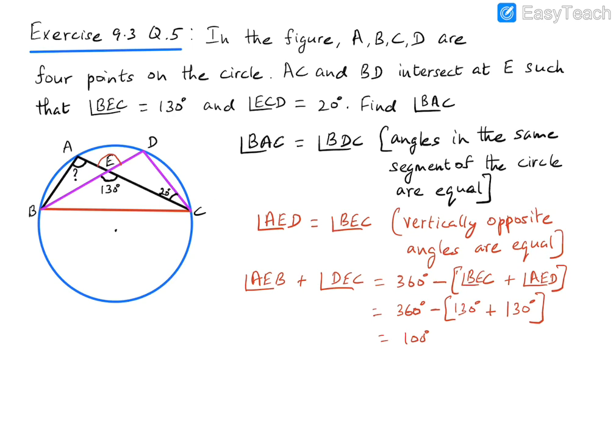So angle AEB plus angle DEC, which is this angle over here between the black and the pink line, and the vertically opposite angle here, these two add together to be 100 degrees. Let me mark those two angles with a different color. So we have this angle over here plus this angle over here, and these add up to 100 degrees. Also, because they are vertically opposite angles, they should also be equal.